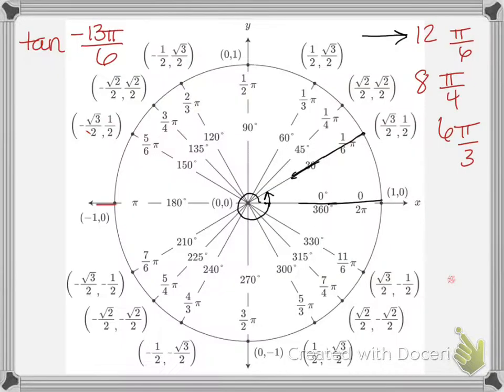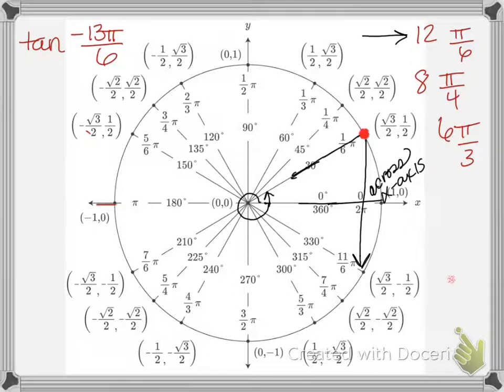So here's what I want you to realize. If pi over 6 is my answer for that, that's positive, but I need the negative answer. So I need to go downwards across the x-axis. You'll always go across when you are looking for the negative angles.